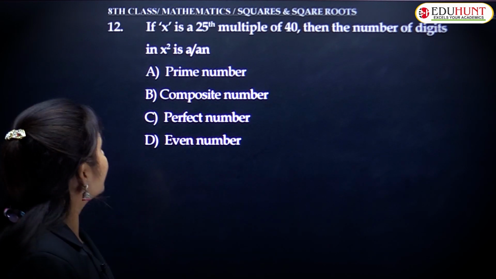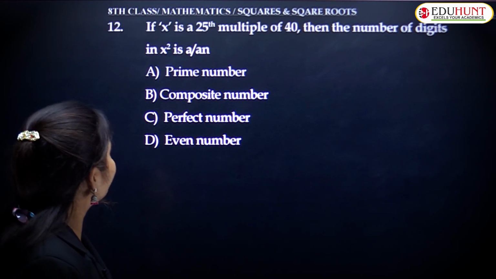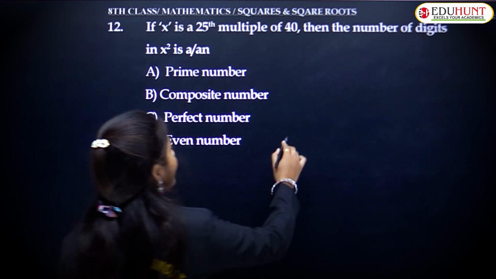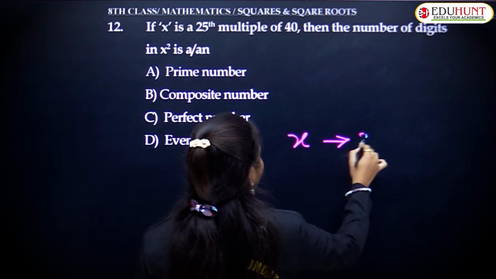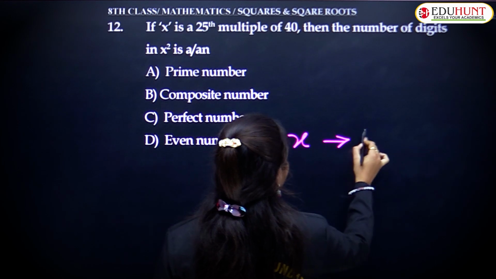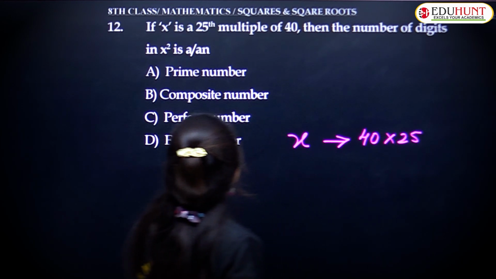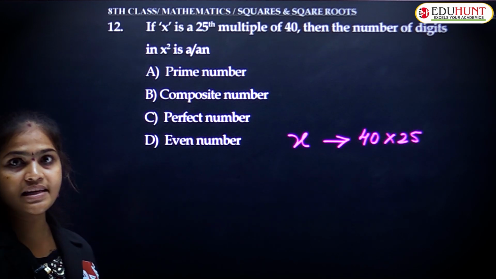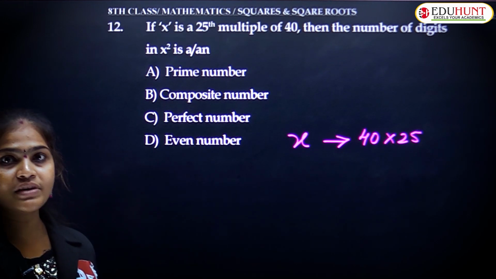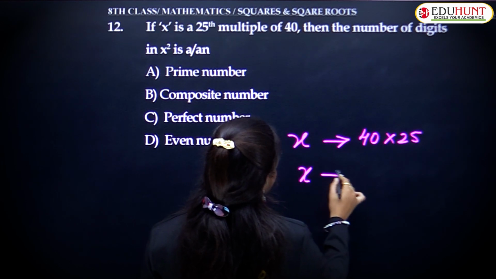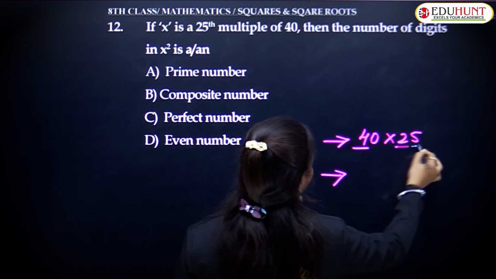If x is the 25th multiple of 40, then the number of digits in x square. Number of digits in x square. So see here, x is 40 into 25.